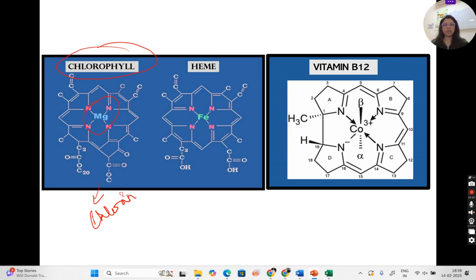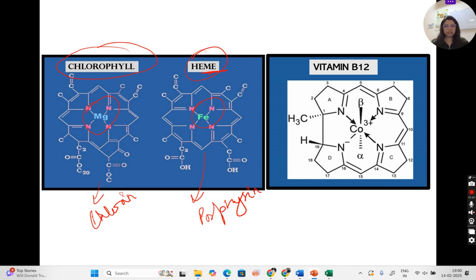Another one is heme, with the porphyrin ring we already talked about. If this molecule has iron, it is known as heme, and if this iron has proteins attached to it, it is known as hemoglobin, which carries oxygen in our blood.